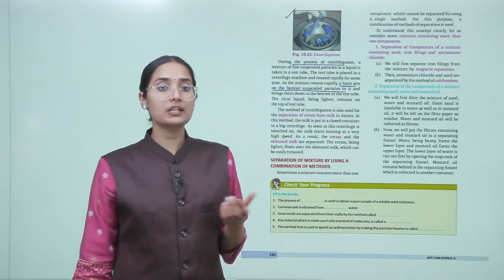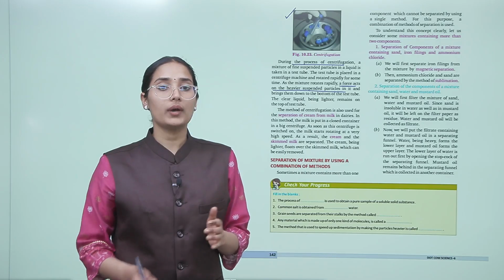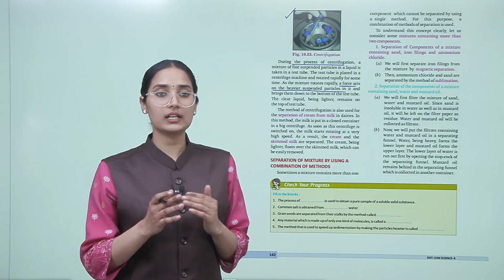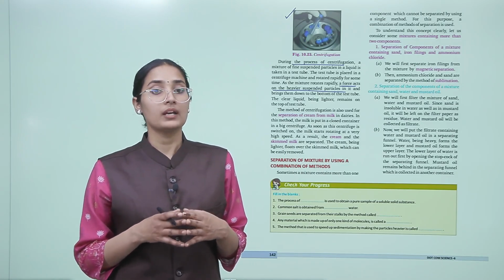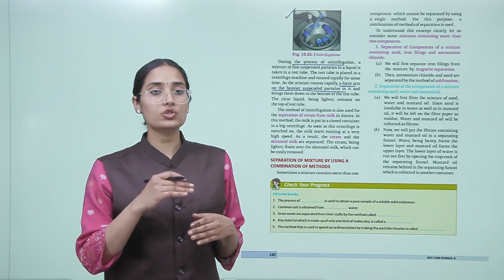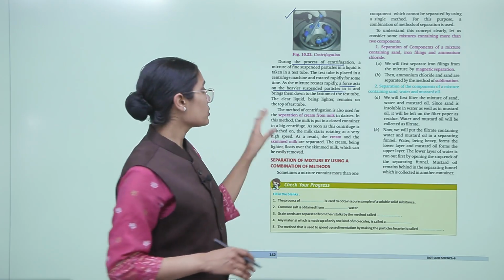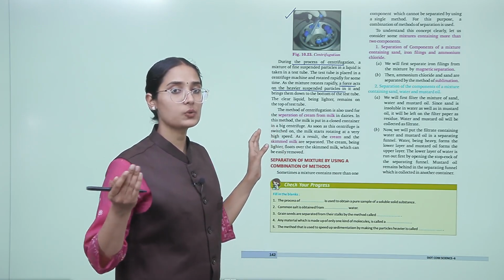In this method, the milk is put in a closed container in a big centrifuge, where as soon as the centrifuge is switched on, the milk starts rotating at a very high speed. As a result, the cream and the skimmed milk are separated.